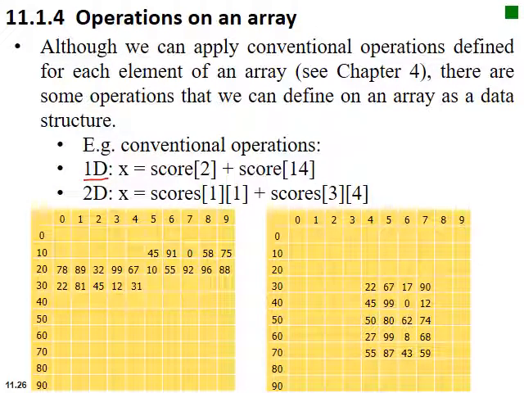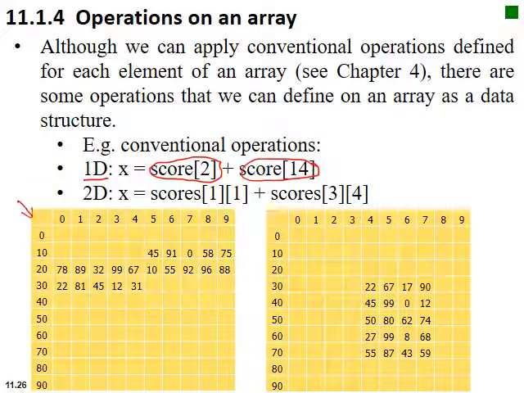We can try and add 2 scores together. So if we want to add score 2 to score 14, let's assume this particular array is stored here, starting at physical position number 15 in memory. That will be known as score 1. And we assume this is the one-dimensional case.